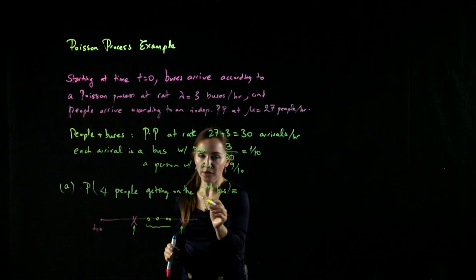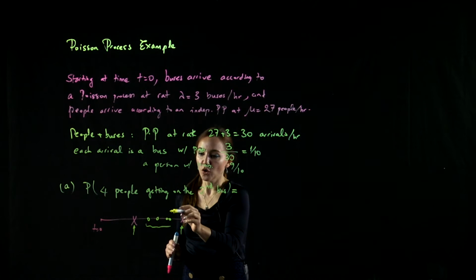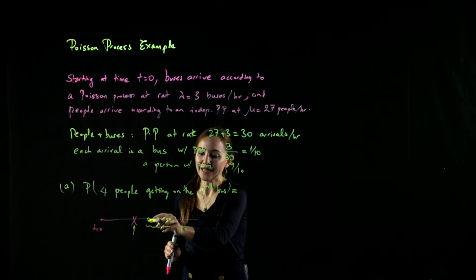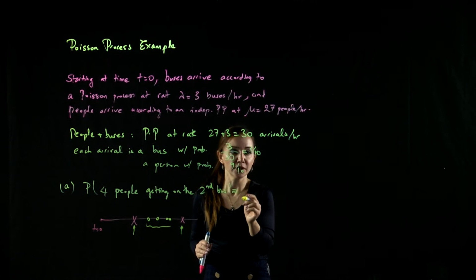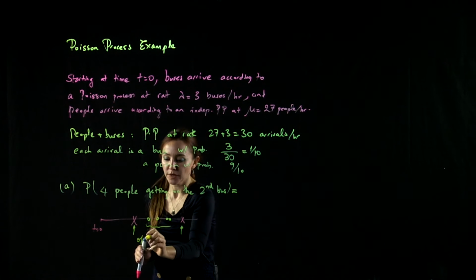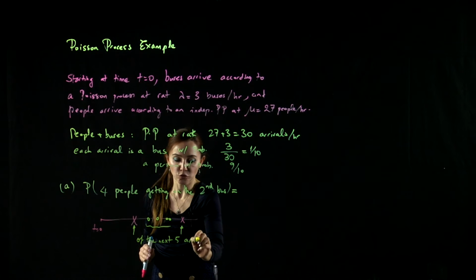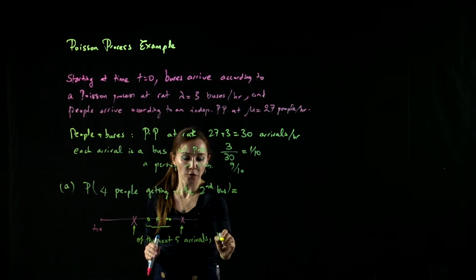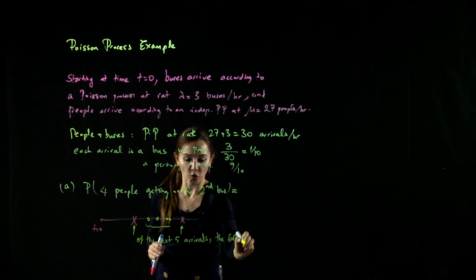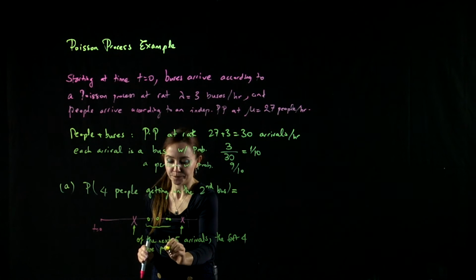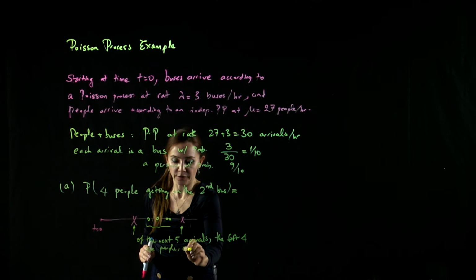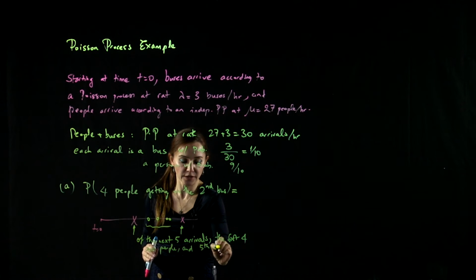And we're asking what is the probability that of the next 5 arrivals to the joint process, the first 4 are people, and the 5th is a bus.